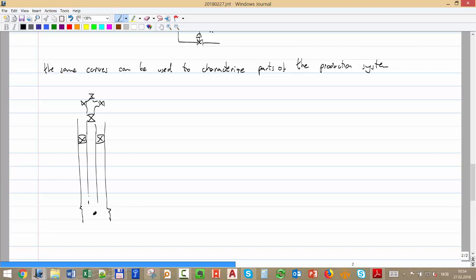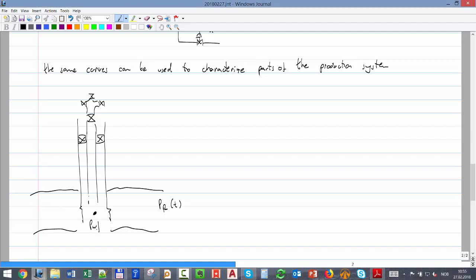So let's say here we have our formation. We have a certain PR, that's my boundary condition, that is a function of time, but it's my boundary condition. I want to calculate how the pressure will look depending on the rate, taking away everything else.